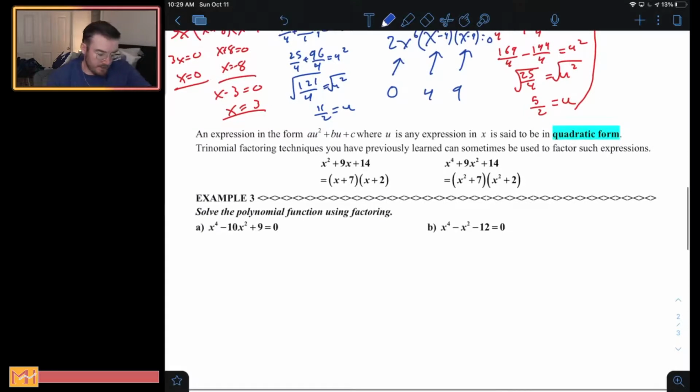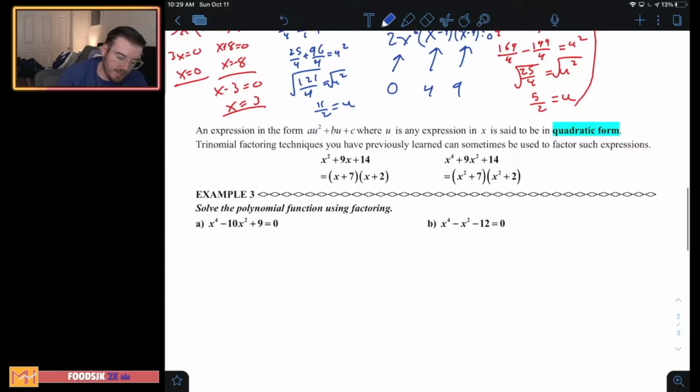There's this other little thing here where sometimes we end up with an expression that looks kind of interesting, where it skips the cube term and skips the x term.